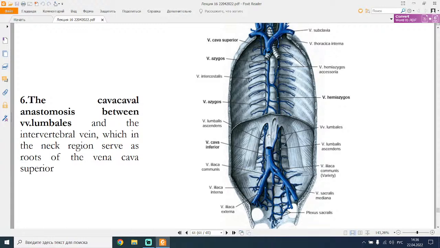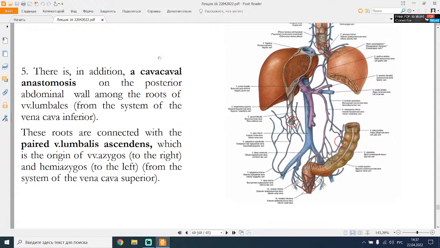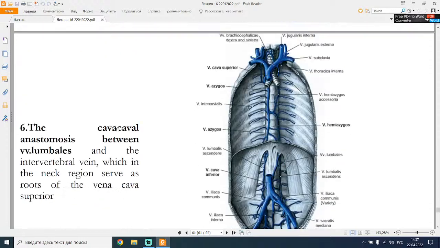This is vena lumbalis ascendens, which then passes into azygos and drains into vena cava. This is the cava-caval anastomosis.